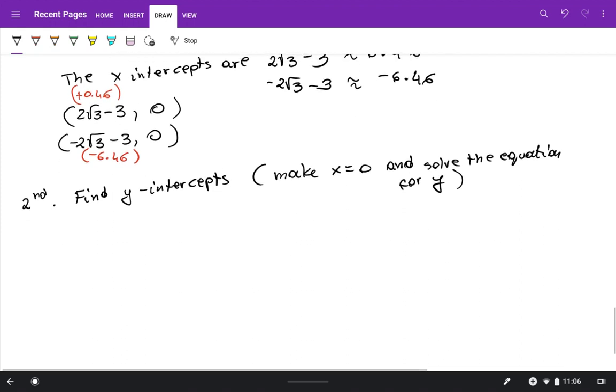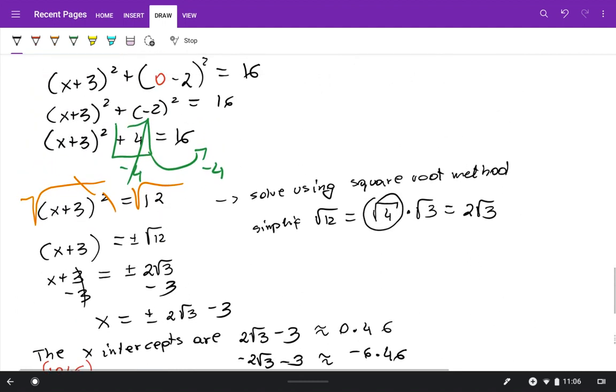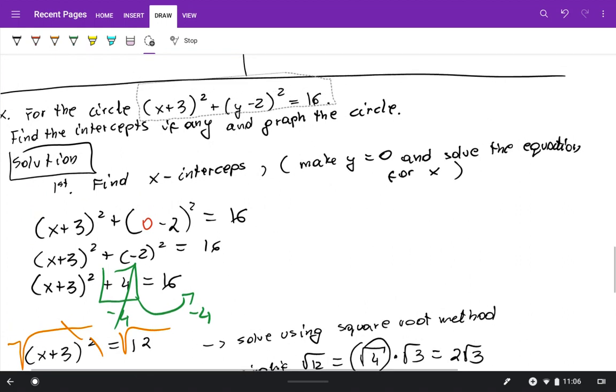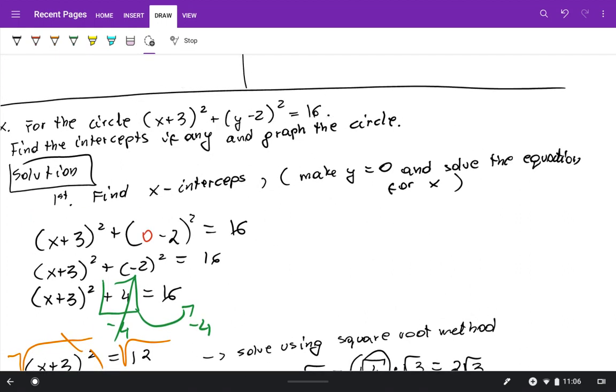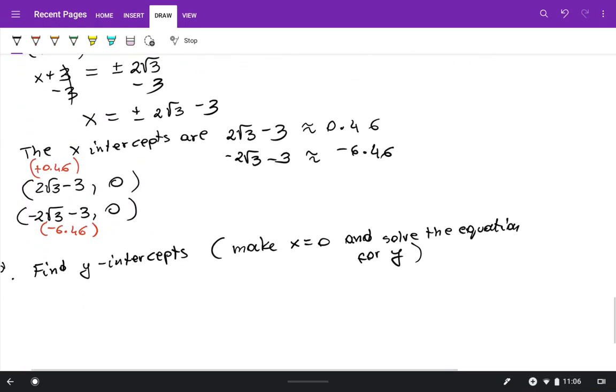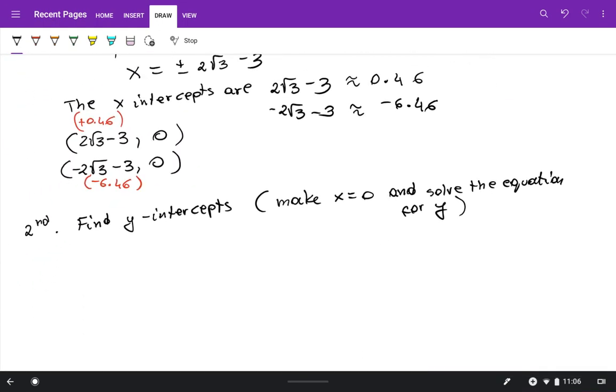Okay, so going back to our problem, again, (x + 3)² + (y − 2)² = 16.